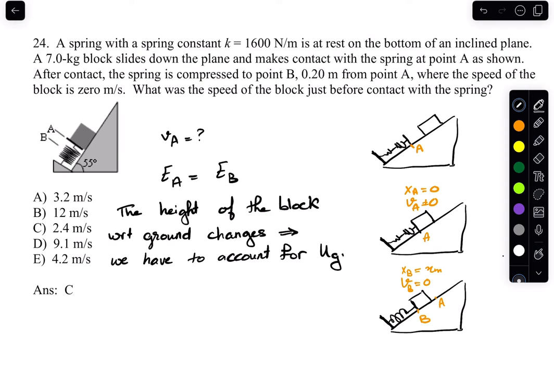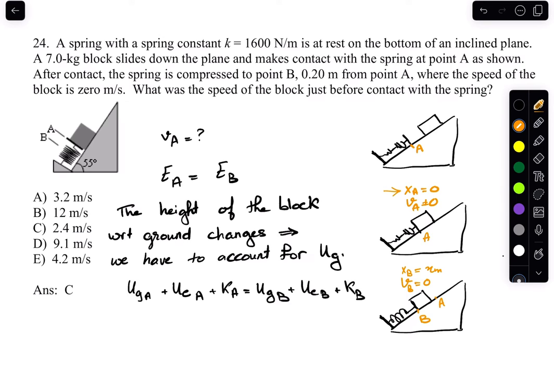So when I substitute for the energies, I will write U gravitational at A, and the elastic potential energy at A, and the kinetic energy at A. I will equate these to the gravitational potential energy at B, plus the elastic potential energy at B, plus the kinetic energy at B.